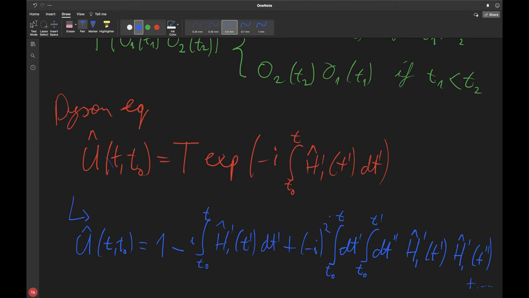So this is now an iterative equation. It describes the time evolution of a state, since this was really the missing piece of the theory of scattering. And so now we can calculate scattering amplitudes to a desired precision.